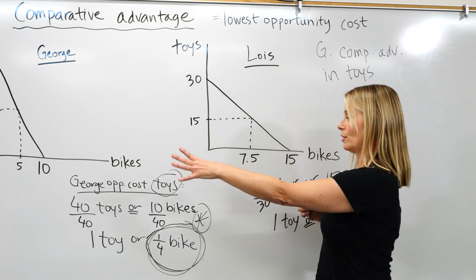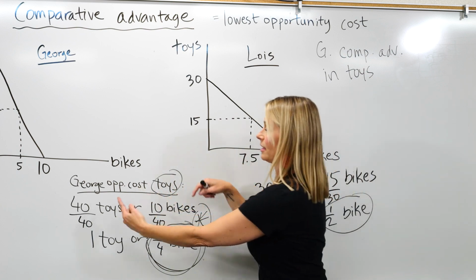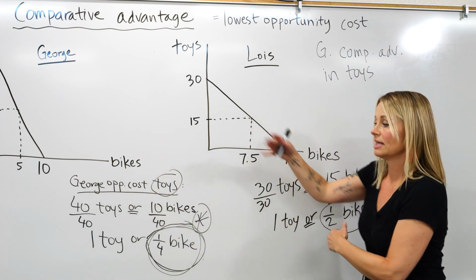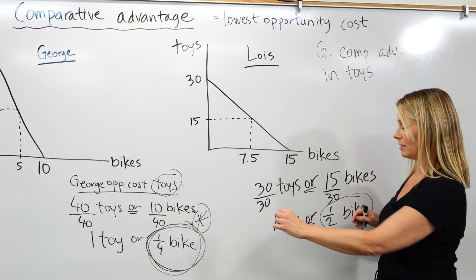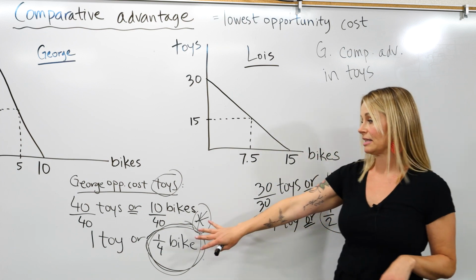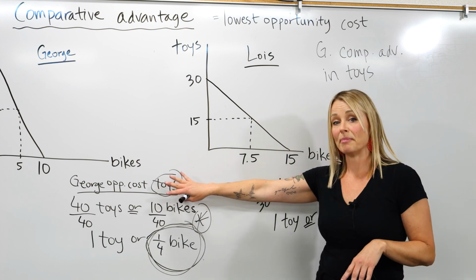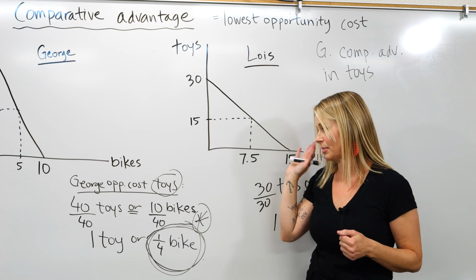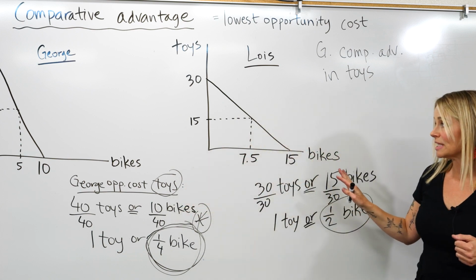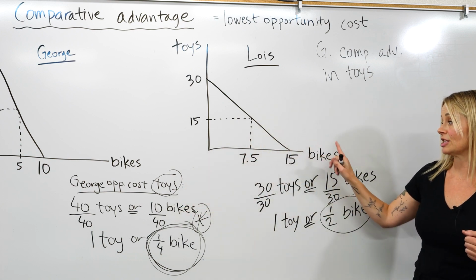Well, we could go through and do all of this, just everything being the opposite here with toys and bikes, dividing by the other number, etc. All the math would work out so that whoever had the comparative advantage in toys, the math will work out so that we're going to find that Lois then has the comparative advantage in bikes.